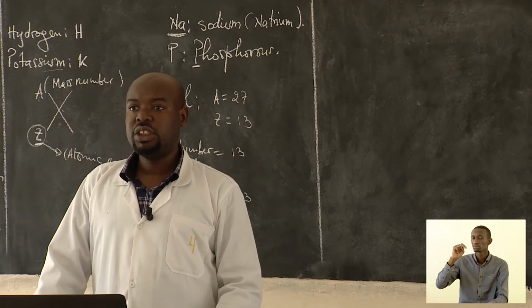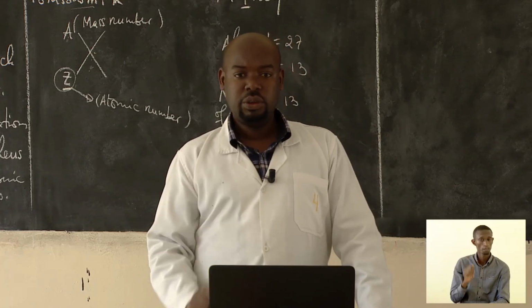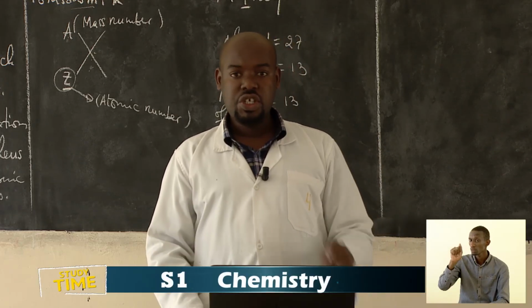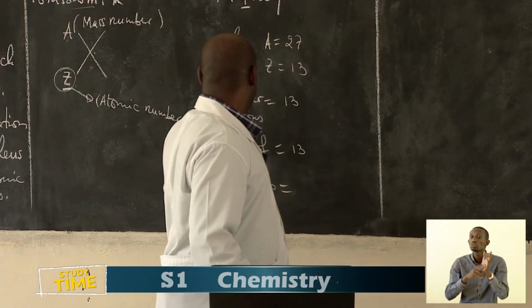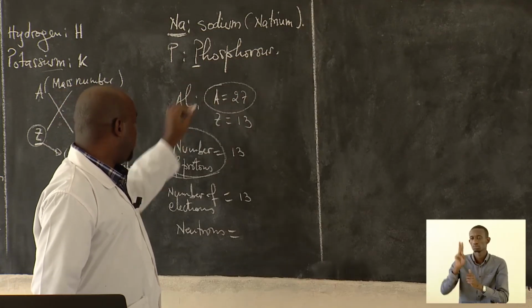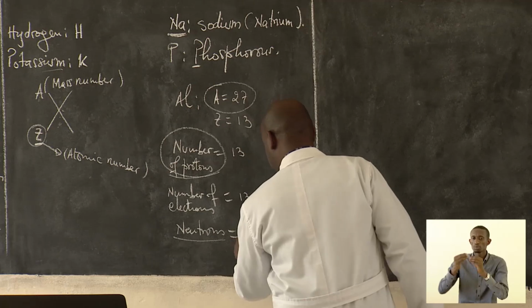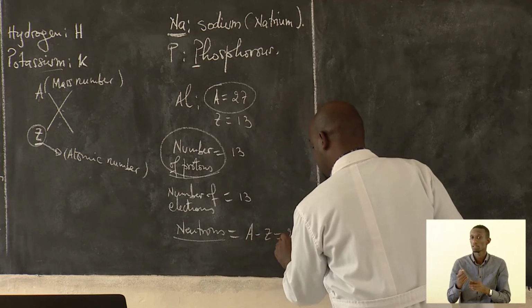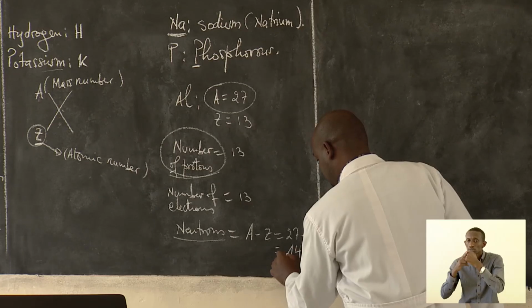The neutrons, please. We know that the mass number, which is 27, is equal to the sum of protons and neutrons. So having the number of protons and the mass number, we can get the number of neutrons. That will be A minus Z, and 27 minus 13 gives 14.